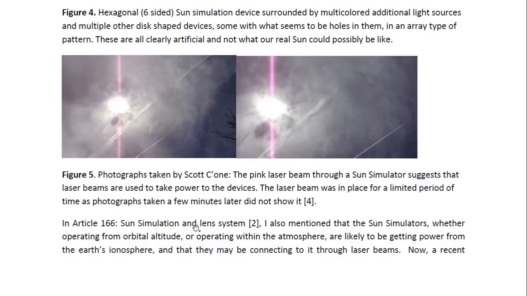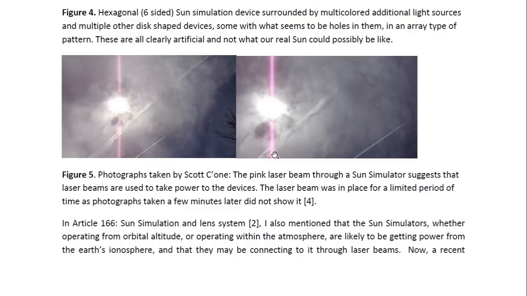And in article 166, entitled Sun Simulation Lens System, I mentioned that sun simulators, whether these were operating from orbital altitude or operating within the atmosphere, are likely to be getting power from the Earth's ionosphere, and that they may be connecting through it through laser beams. And here we see what looks like a pink laser beam.